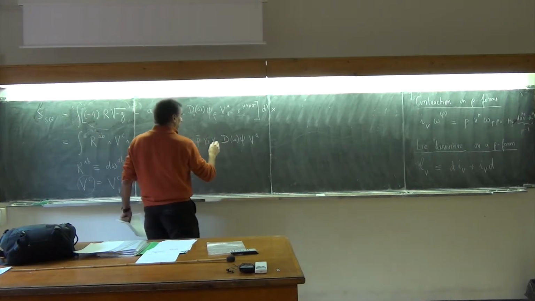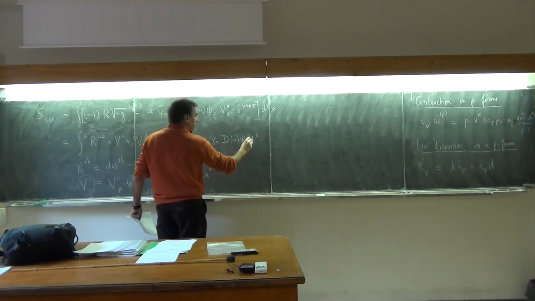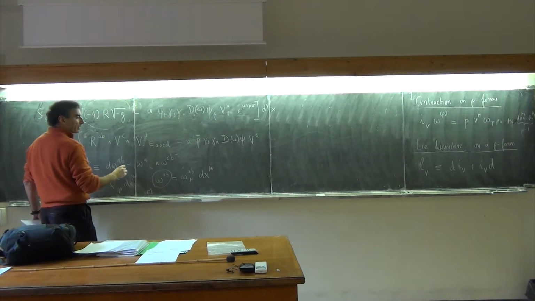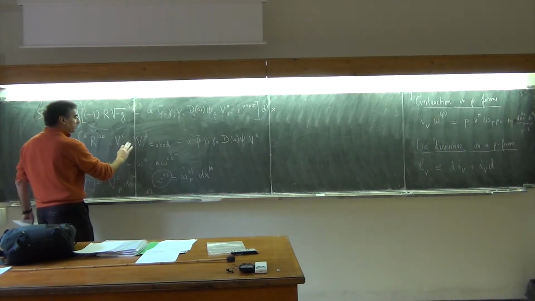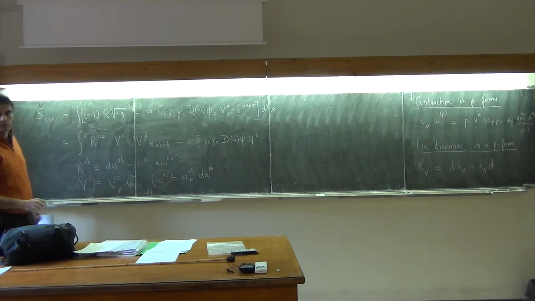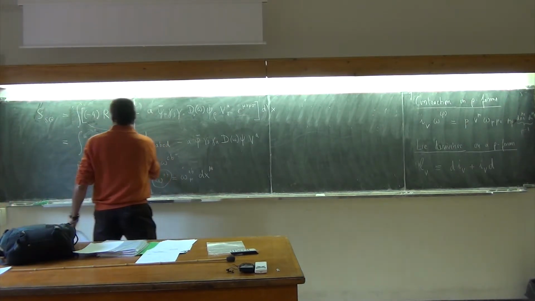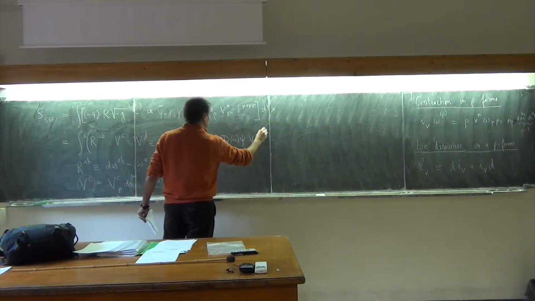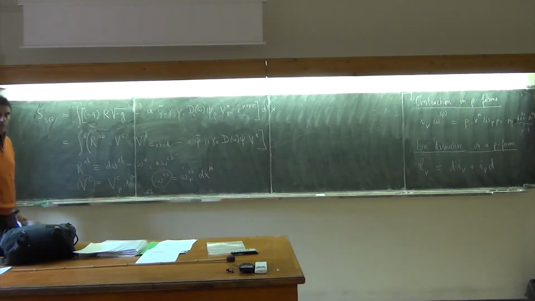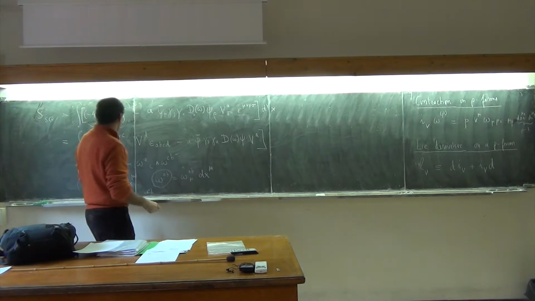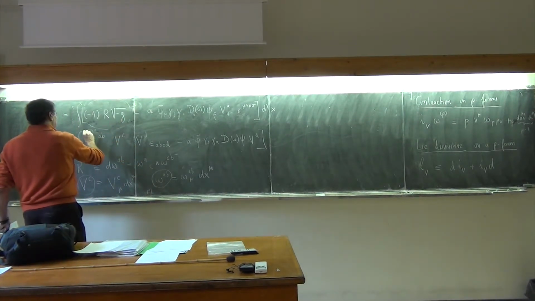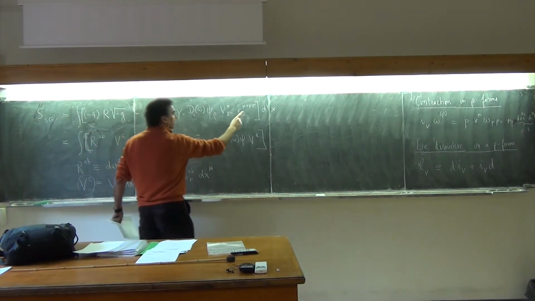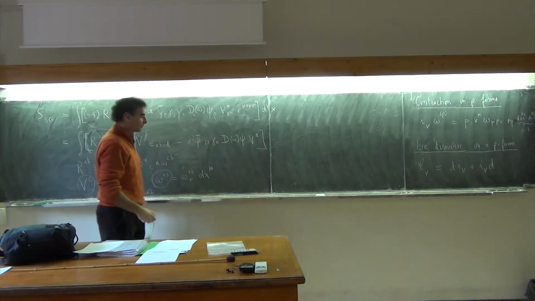Now here, I have forms, so I should put an exterior product everywhere. But I'm taking the convention that whenever I multiply forms, I multiply them by an exterior product, so that I don't have to put these wedge symbols everywhere. This is a four form, 1, 2, 3, 4, a four form, and I can integrate this on a four-dimensional manifold. If you expand this on the dx mu basis, you reconstruct this epsilon mu nu rho sigma d4x.